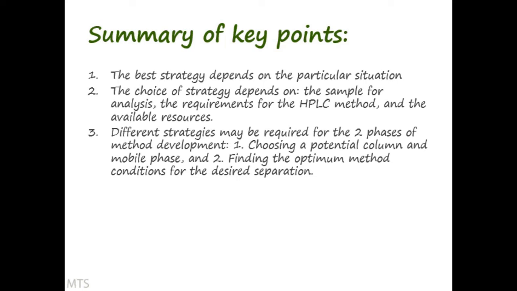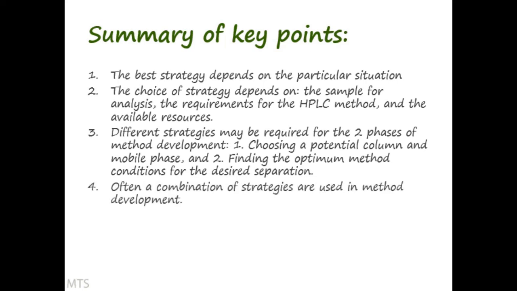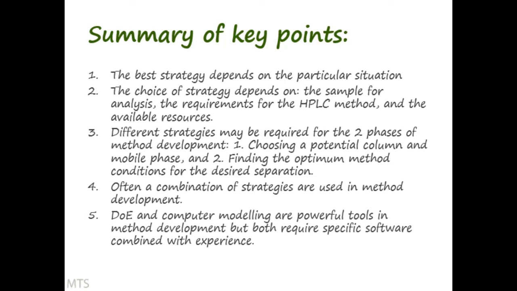And I find, as hopefully you've taken from everything I've said, that a combination of these strategies works best. Being flexible, trying to build them all in. That's the idea of that 5-step strategy, is that it builds in all sorts of different ideas and strategies in a flexible way. And that DOE and computer modelling, very powerful tools in your method development, but they do require specific software. So you do have to have that plus experience to be able to use them well.